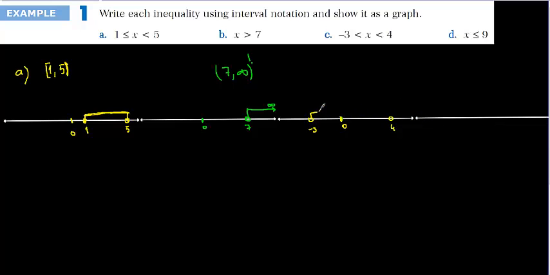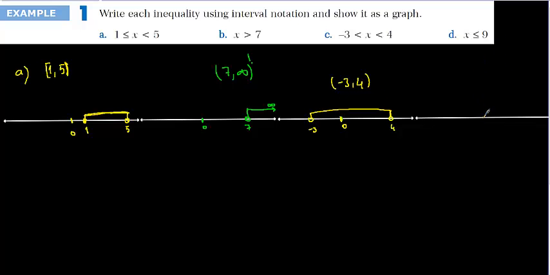Then I'm going to draw the interval like this, and this is the solution of our question. This is the interval -3 to 4, and as you understand here, both sides are open.